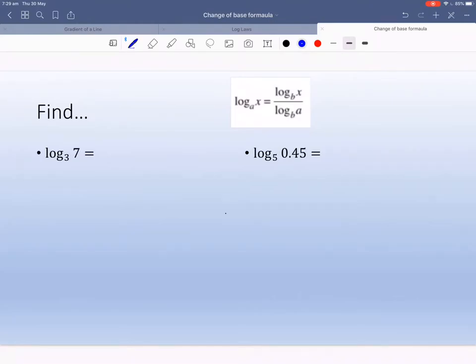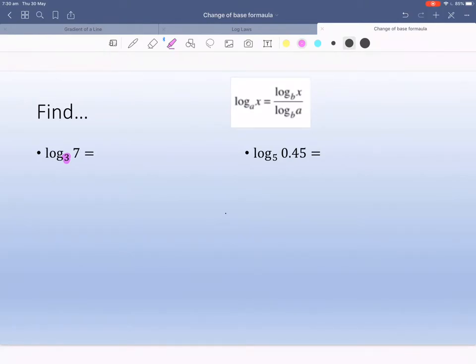Let's get into it. Here we've got a log to the base 3, and we need to solve it. The issue is that I can't punch that into my calculator, so I need to change the base of it.